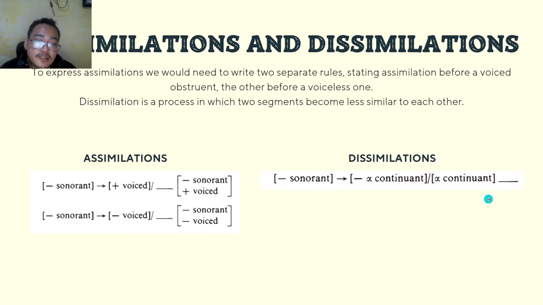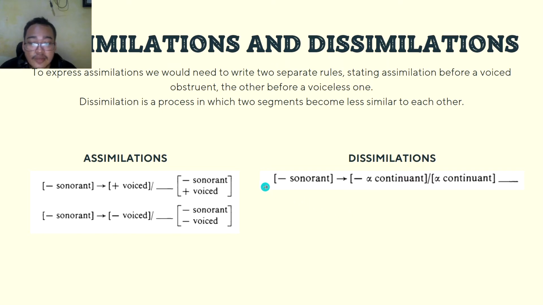And the next slide is about assimilation and dissimilation. To express assimilation, we will need to write separate rules, stating assimilation before a voiced obstruent, the other before a voiceless one. Meanwhile, dissimilation is a process in which two segments become less similar to each other.